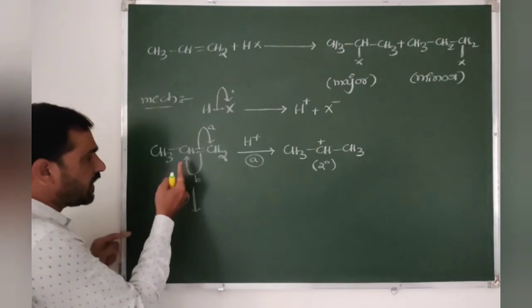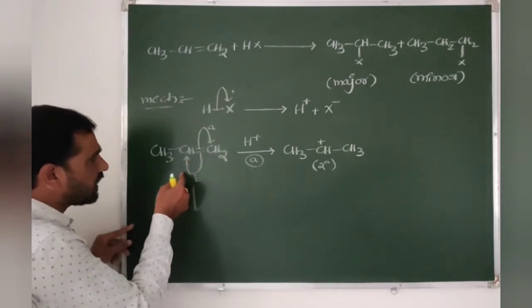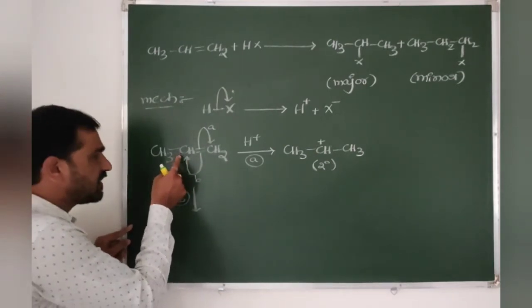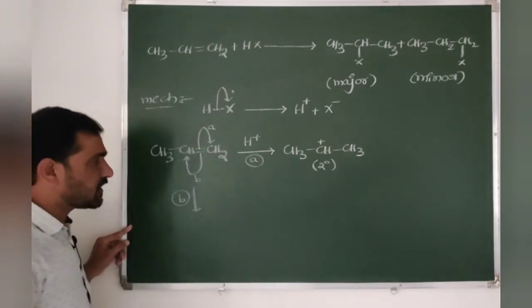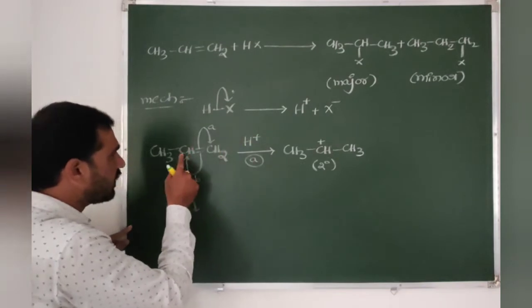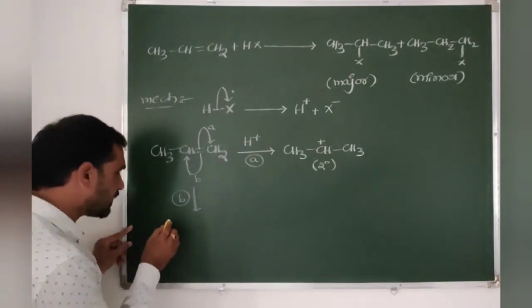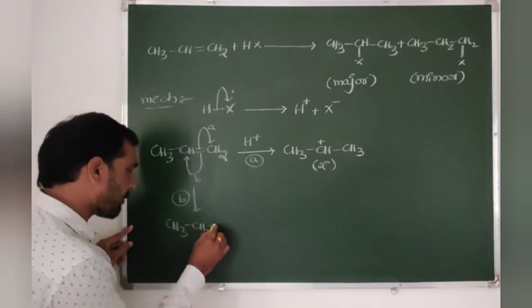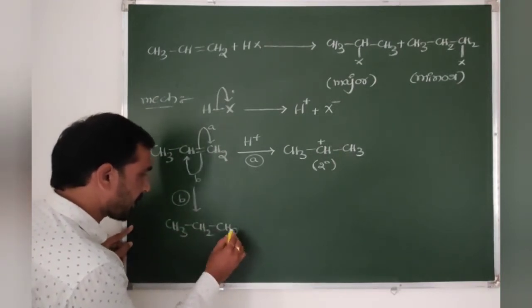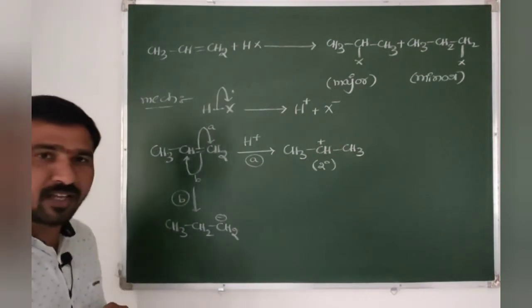Let me check path B. If you see path B, this pi bonded electrons polarized towards the central carbon, then this central carbon getting negative charge, opposite one getting positive charge. Thereafter H plus add over negative charged carbon. It results formation of carbocation again. Is it clear?